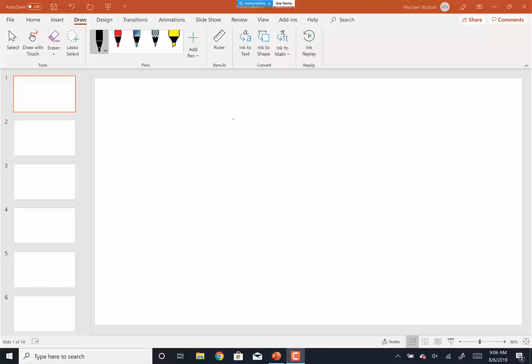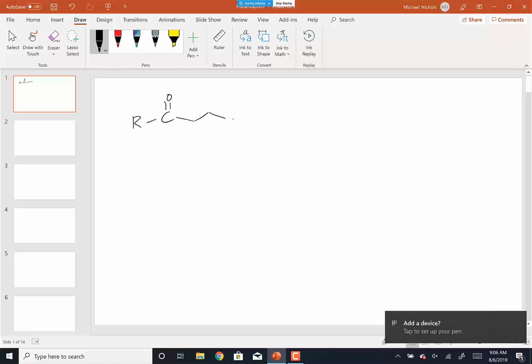So yesterday, what we said was that if we have multiple functional groups in the molecule, let's say I had a double bond and a carbonyl, and I wanted to protect the carbonyl and do something with the double bond.